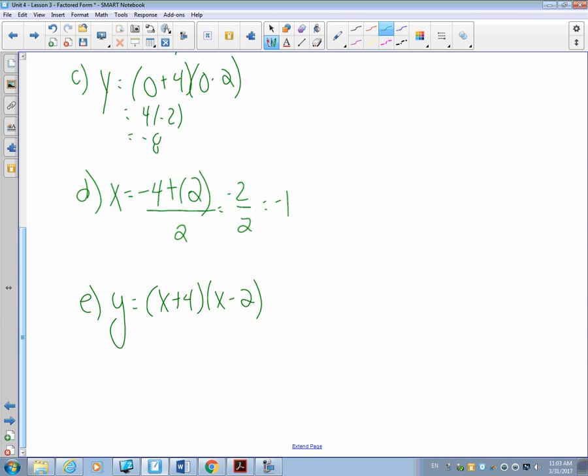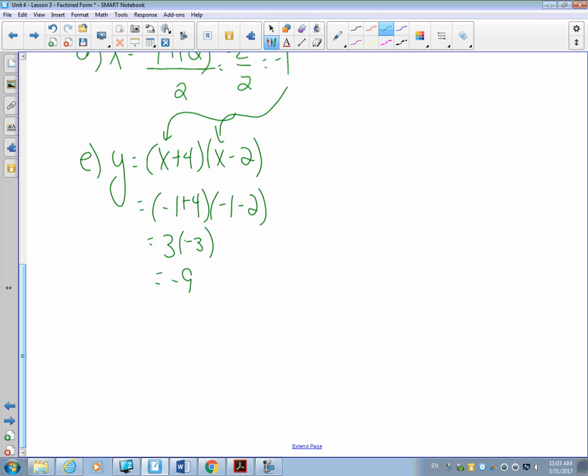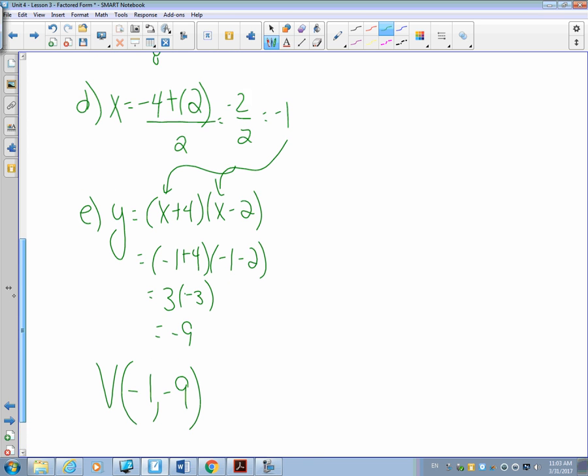Well, if x is -1, I can put it in for the x's and find the corresponding y. That's handy. That number is -9. So in other words, my vertex, called V, is made up of the x value of -1 and the y value of -9.